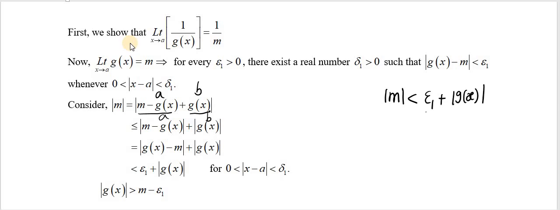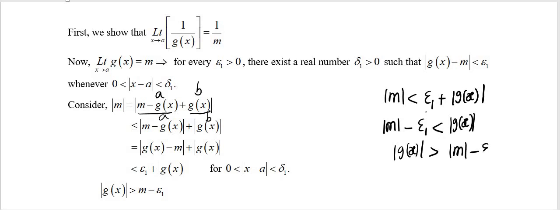So take this epsilon 1 this side, then mod m minus epsilon 1 is less than modulus of g of x. Whenever we change the sides, less than becomes greater than. So modulus of g of x is greater than mod m minus epsilon 1. Then we are going to get this step.